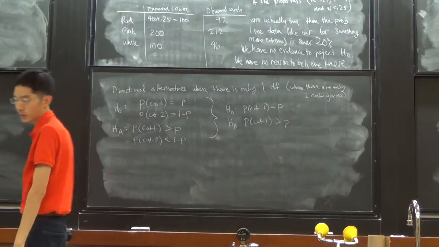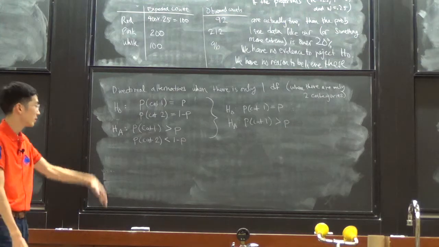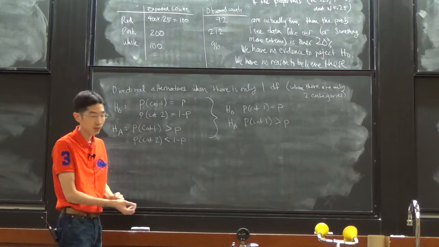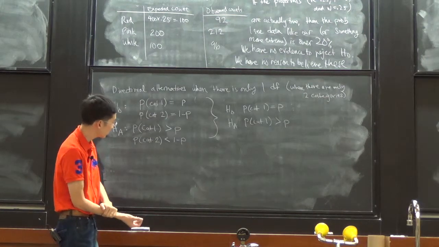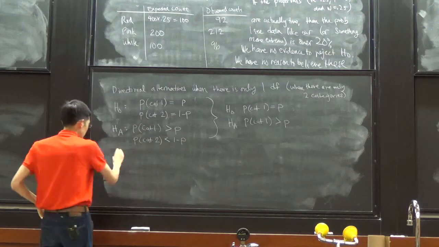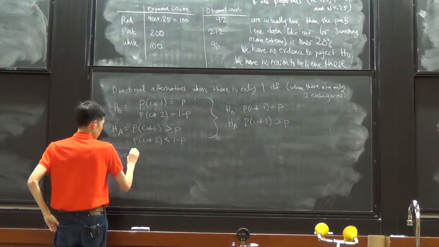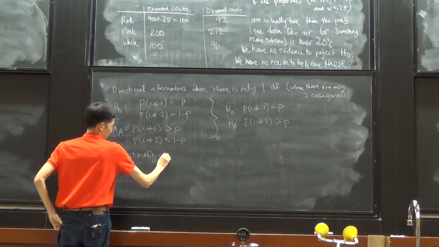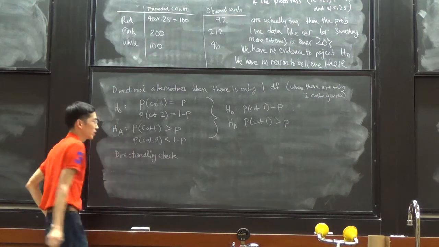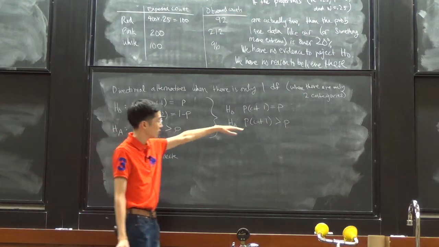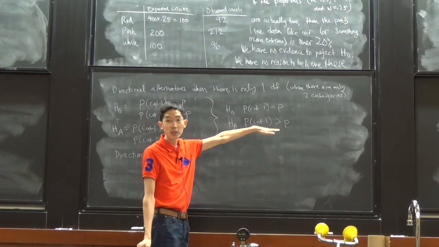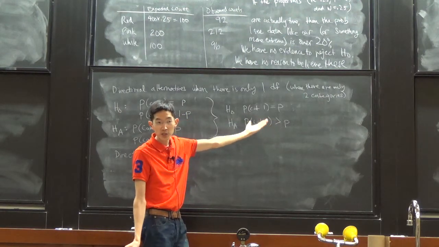But in these cases, when we know there's only 2 categories, this or not that, we'll do this. And again, whenever you have a directional alternative, we have to do a directionality check. So if the alternative says that the probability of category 1 is greater than p, then your data should support that.